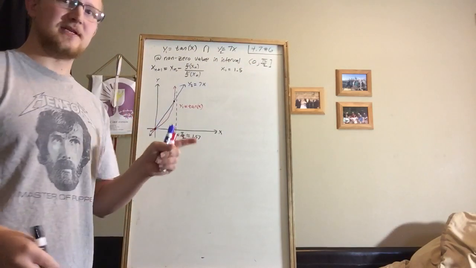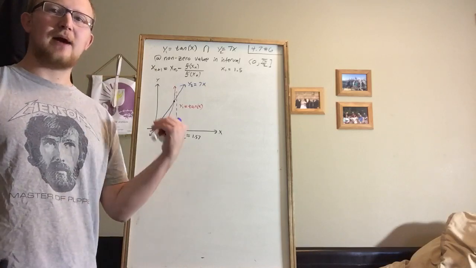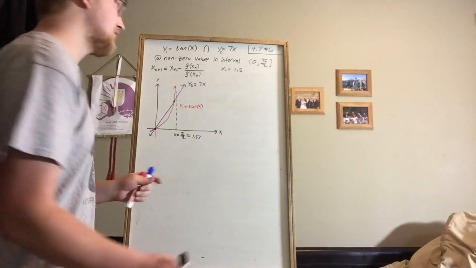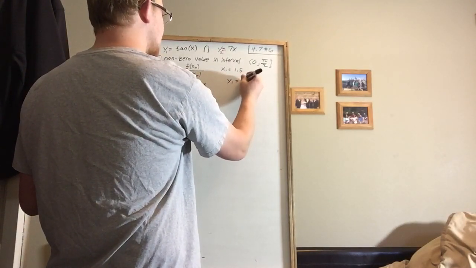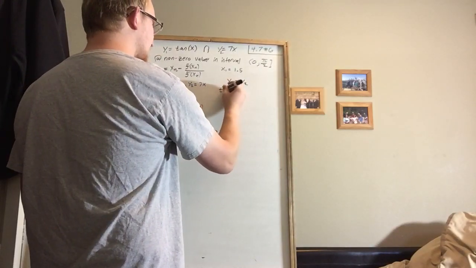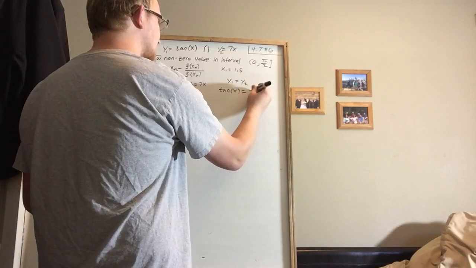Now the next step is, we know how to use Newton's method to find zeros on a single function, but how do we use it to find an intersection? With an intersection, what we're curious about is, when does y1 equal y2? So we'll fill in y1 is equivalent to tan x, y2 is equivalent to 7x.